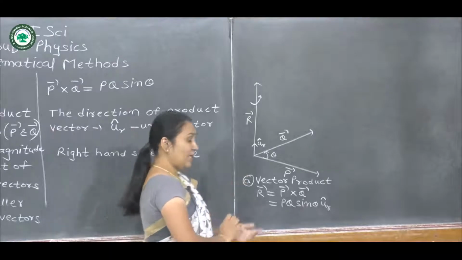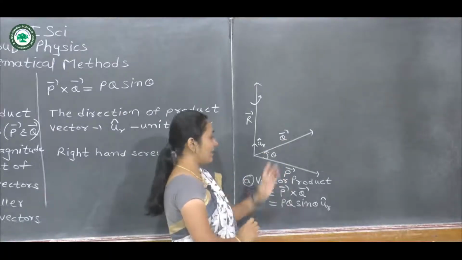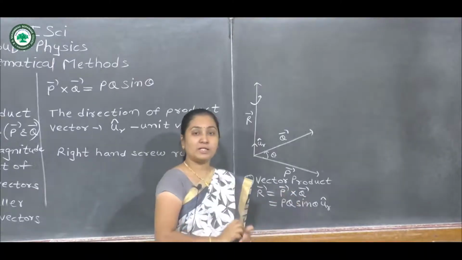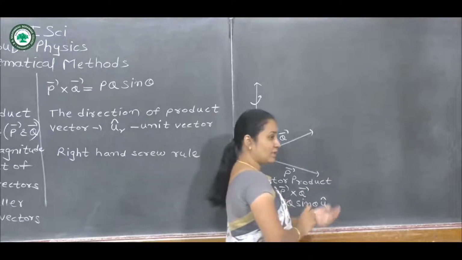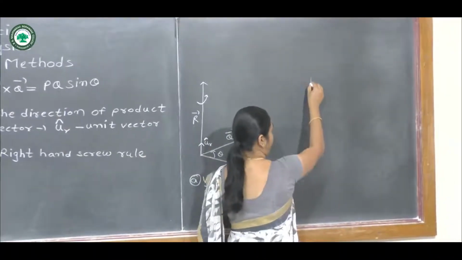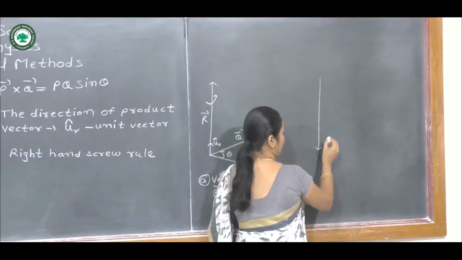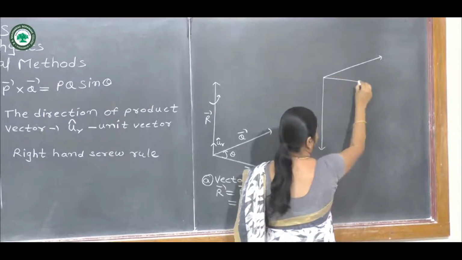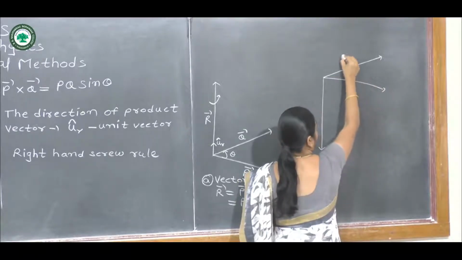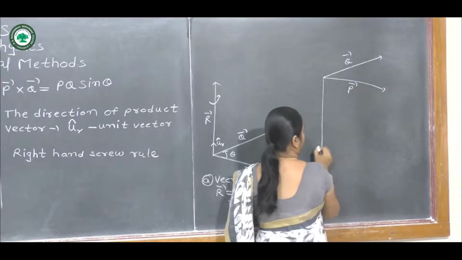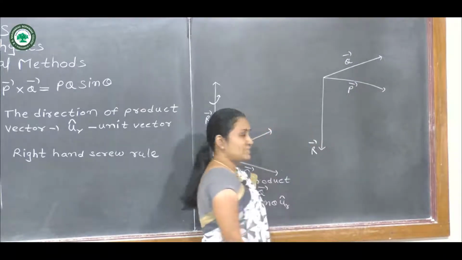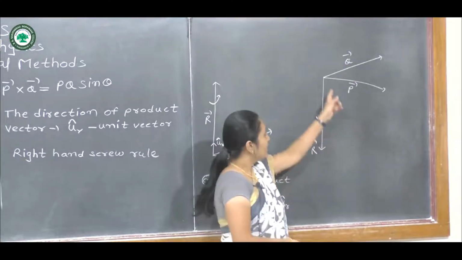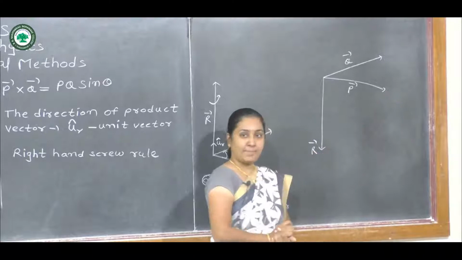Similarly, if the directions of these vectors are different, we will study how the vector product is represented. In the second diagram, this is the first vector q bar, this is the second vector p bar.